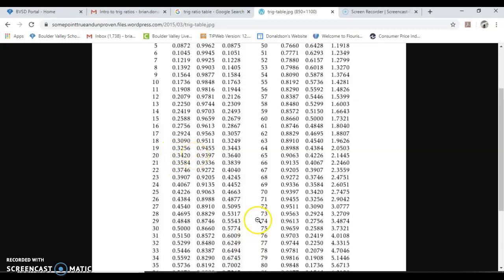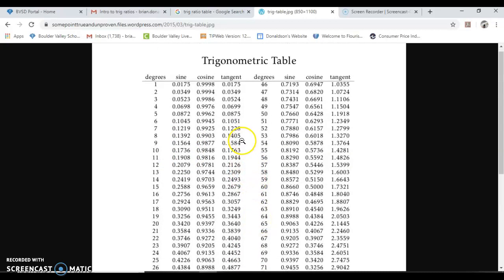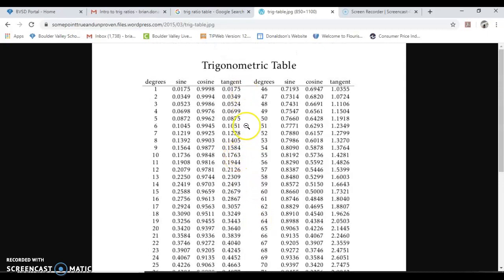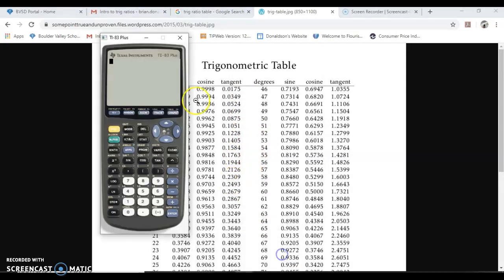The last thing, you guys, is you're welcome to use this table, and I'm going to put a link to it on my website or on the Schoology site. In addition to that, if you have a scientific calculator, you need to be in degree mode. You can Google or FaceTime me or whatever, and I can help you make sure your calculator is in degree mode. I've put my calculator in degree mode. Check this out.